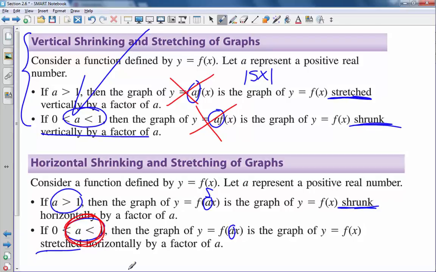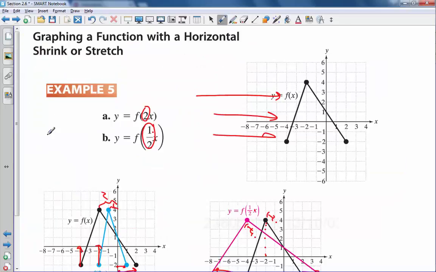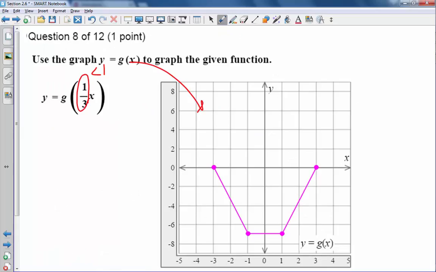What does it do? We need to stretch horizontally. Stretching horizontally means you're going to pull from those pieces and make it apart. So I need to pull all these points going right and left.